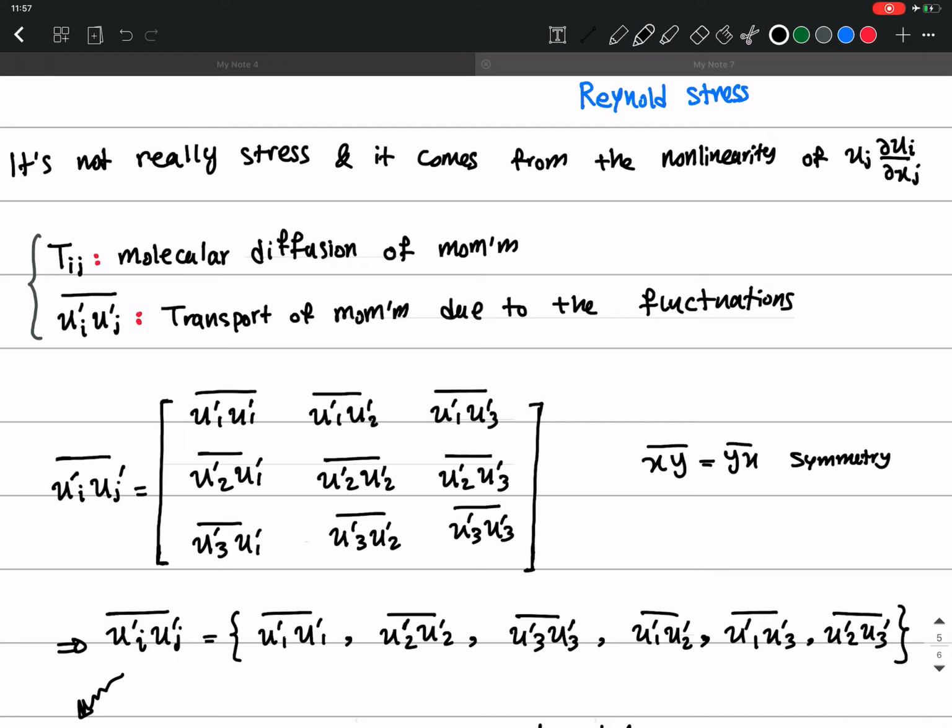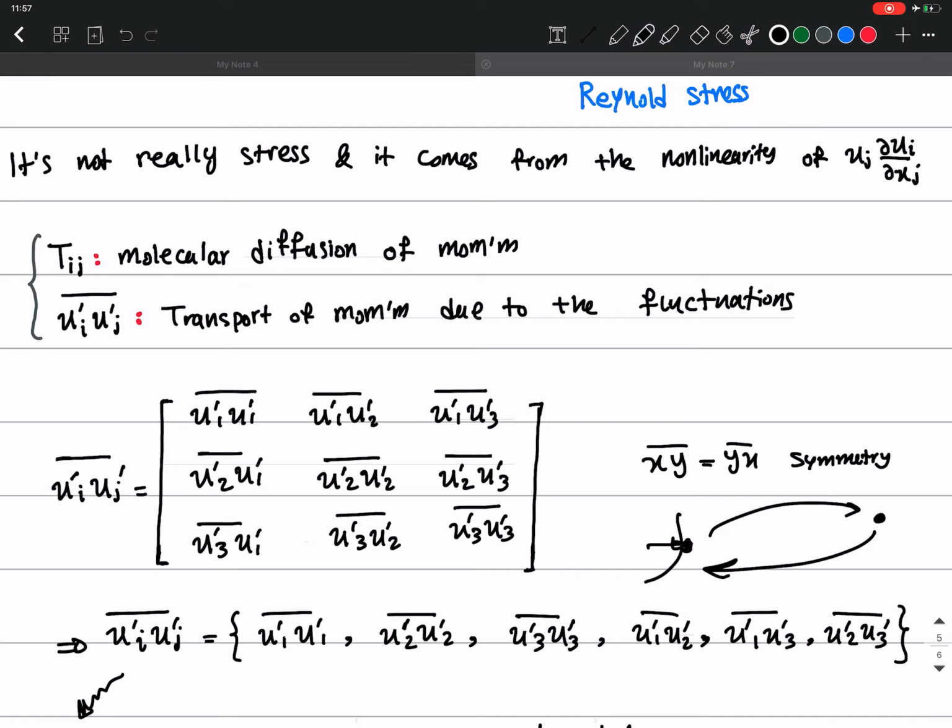If you have a flow here and you want to calculate the Reynolds stress here, you don't want to relate it to somewhere over here, okay? In turbulent flow, the far field can also affect that, but that kind of parameterization is called non-local parameterization.